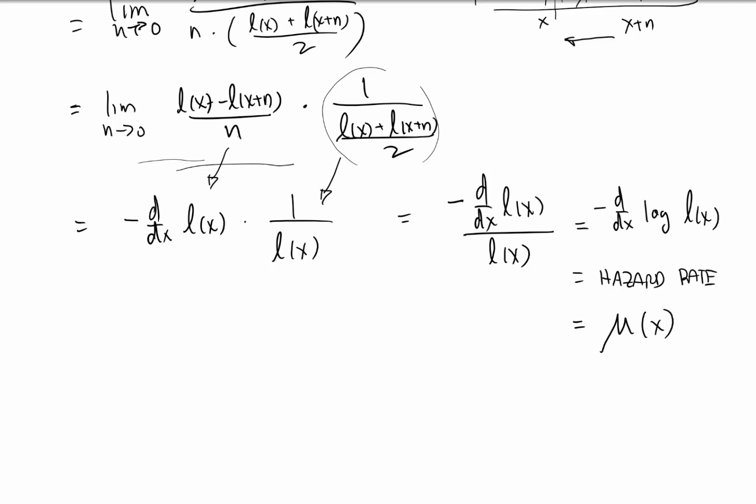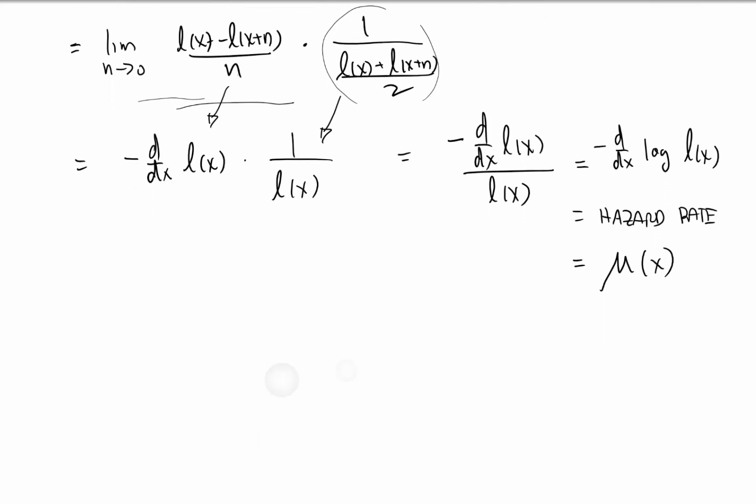And that is so important, I think I'm going to write it one more time. So the hazard rate is an instantaneous mortality rate. So whenever you hear the words hazard rate, you just think that's a mortality rate.